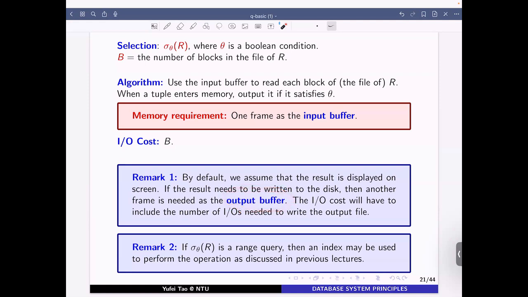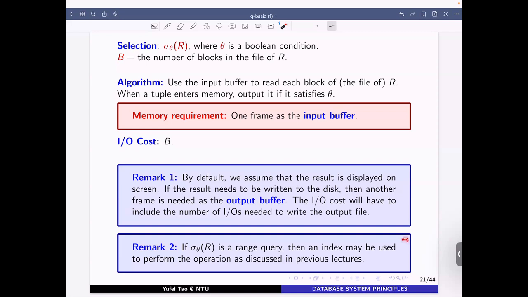In the subsequent discussion, I'm going to assume that the result will be displayed on screen, but every time you need to write the result to the disk, this is what you do. You have one output buffer for that purpose. In that case, the memory requirement would be 2 frames: one frame for the input buffer, and another frame as the output buffer.